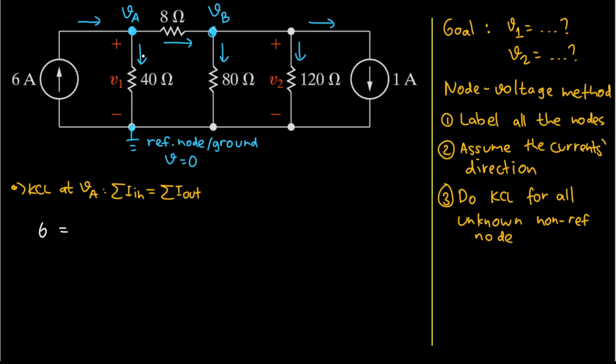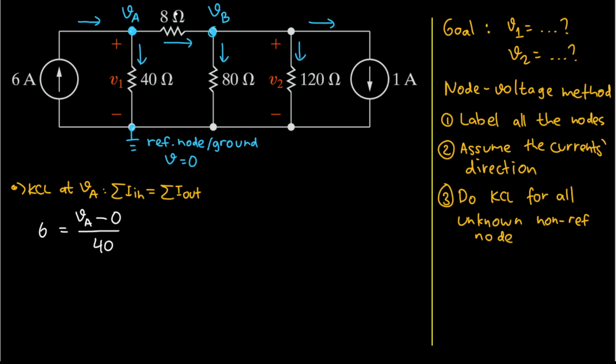But we don't know the current yet, but we can use Ohm's law for that, right? And the current comes from node VA, so I will write VA first. And the current goes to the ground, so I will have minus 0. But this is voltage, we need current. To get current from voltage, we need to divide it by the resistance between them. So I will have 40 here.